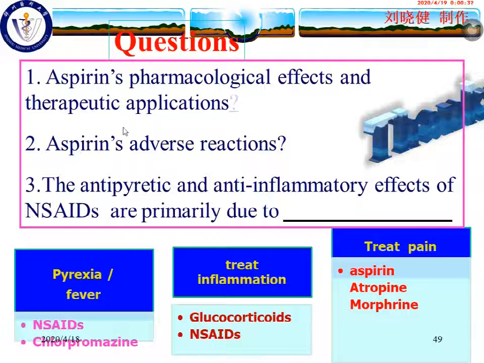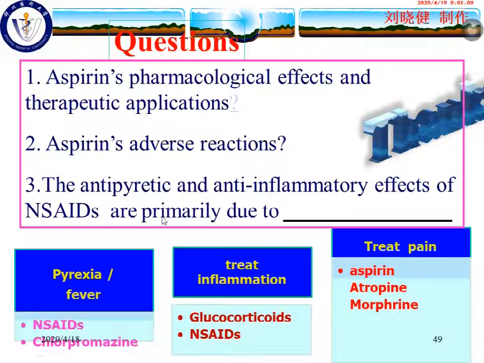Try to remember them very well, okay? And can you fill in this blank? The antipyretic and anti-inflammatory effects of non-steroidal anti-inflammatory drugs are primarily due to inhibition of prostaglandin synthesis by inhibiting COX.